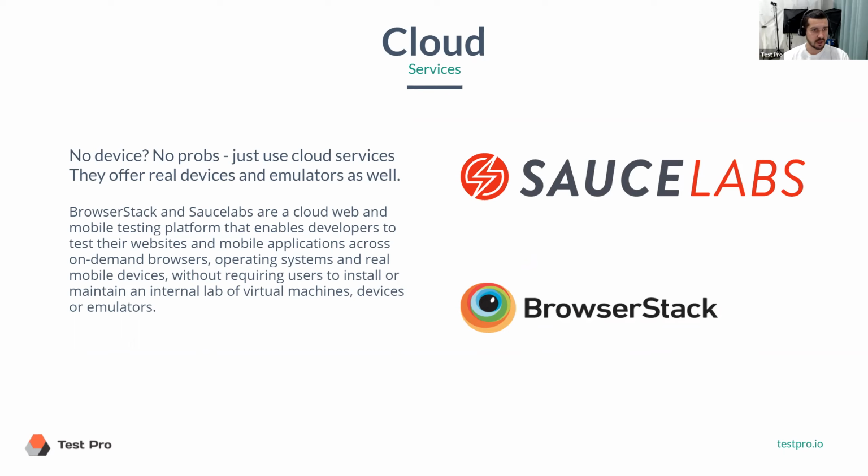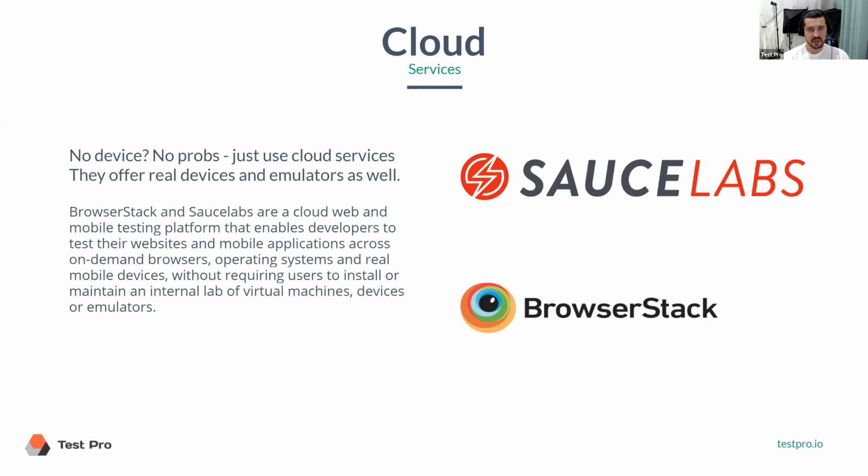But in short, it allows you to spin up that emulator, but through the internet. So you just use it in your browser, and they have a lot of options, and these are premium services, and they are actually pretty pricey.